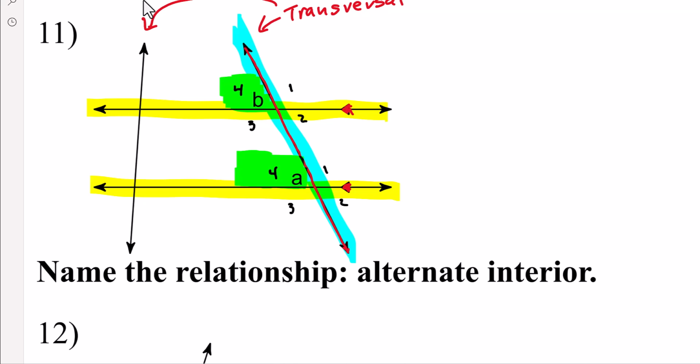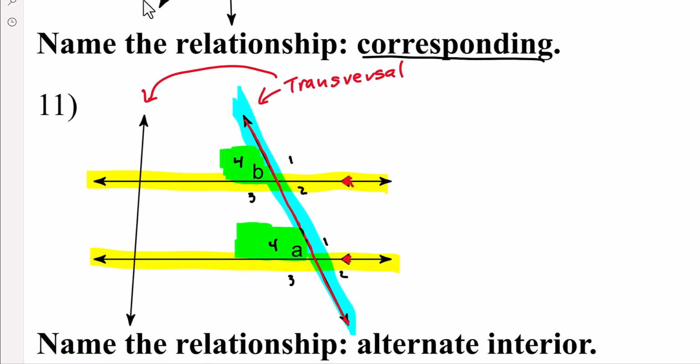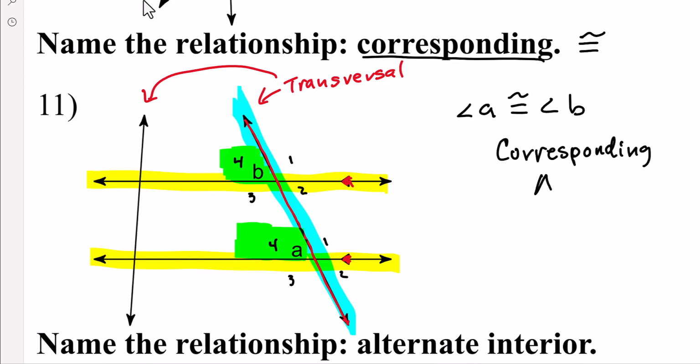A and B are both in the upper left corner of those four angles. That's what makes those correspond. And corresponding angles are congruent. So angle A is congruent to angle B for the reason that they are corresponding angles. So notice this angle right here, this angle right here are corresponding.